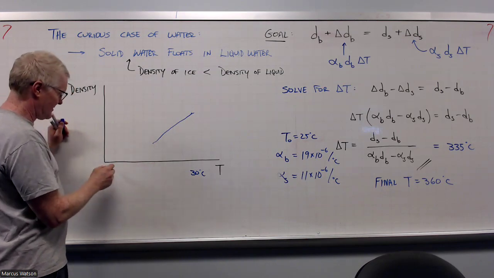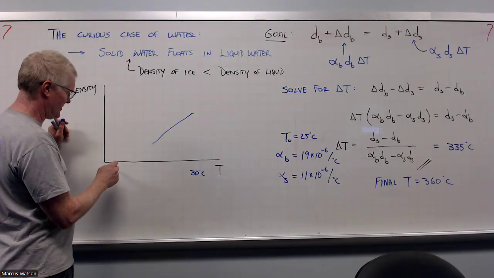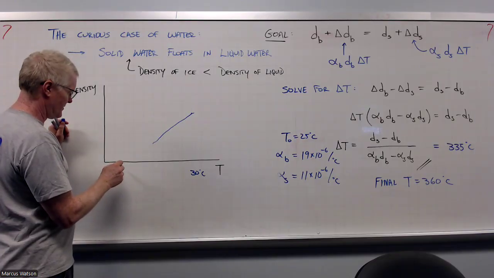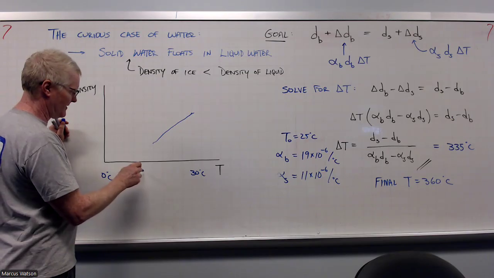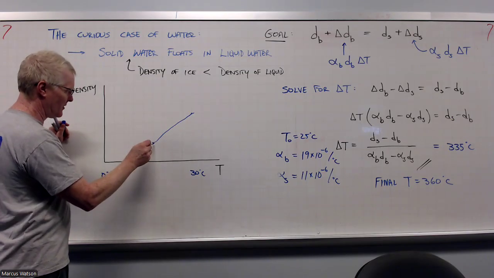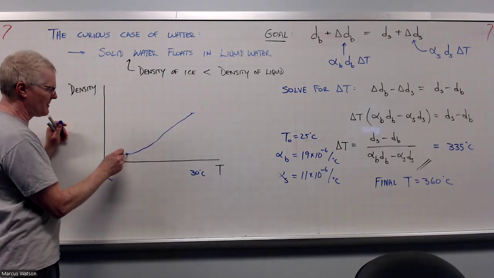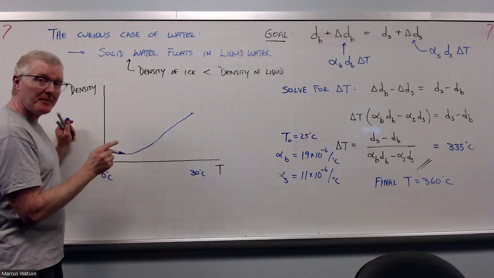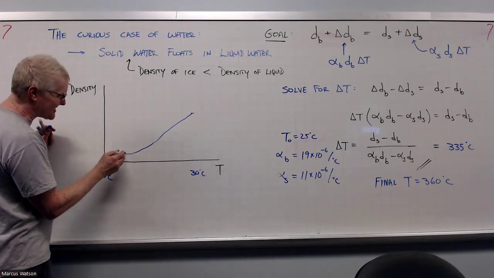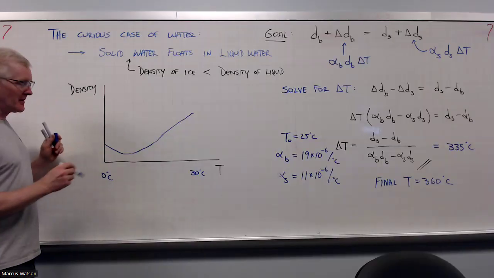Until, let's see here, 4, 8, 12, 16, 20, 24, 28, 30, well, it's about there. So we're going to go like this. We're going to come down, down, down, and eventually right around here, it stops shrinking and starts expanding.